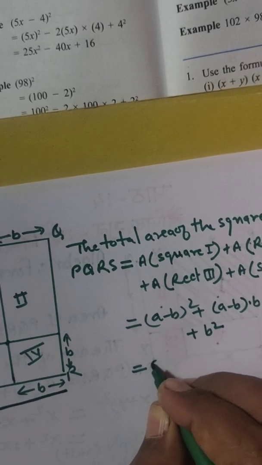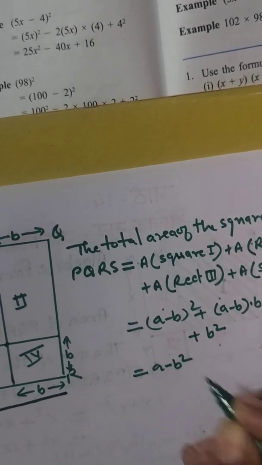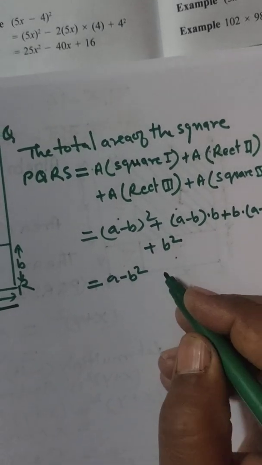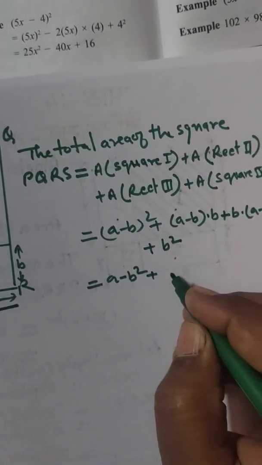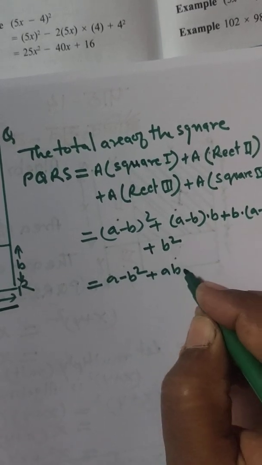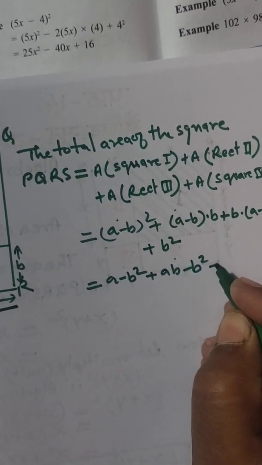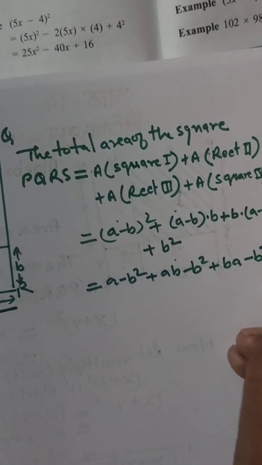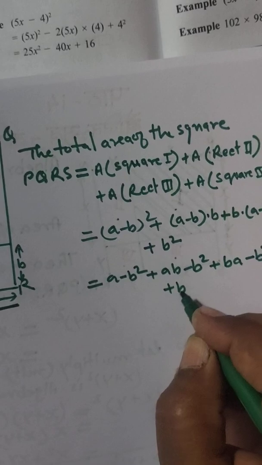Then what you get? A minus B whole square is equal to plus this is AB minus B square plus BA minus B square plus B square.